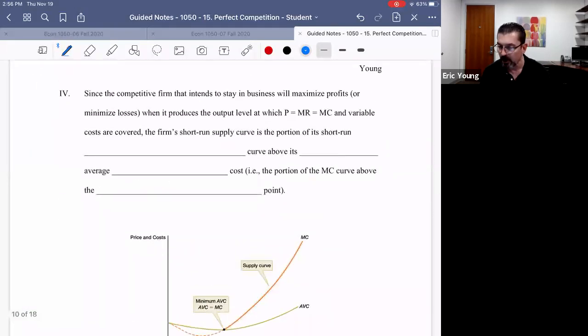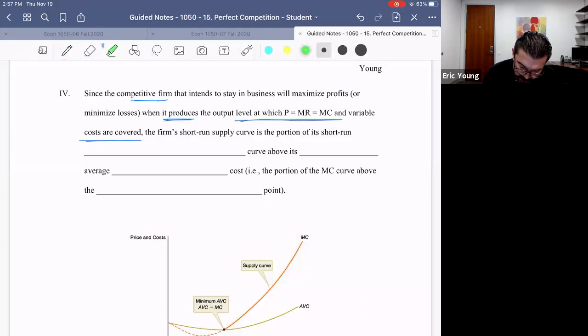Since the competitive firm that intends to stay in business will maximize profit or minimize losses by producing, aka supplying, the output level where P is equal to MR is equal to MC, and the variable costs are covered. In other words, since the firm will supply for as long as the price is in excess of AVC, ready?